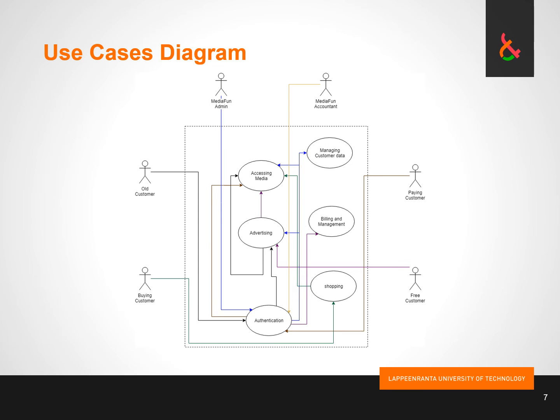In this slide, we can see the use case diagram. As you can see, there are different actors in the use case diagram, such as buying customer, old customer, media fund admin, media fund accountant, paying customer, and free customer.